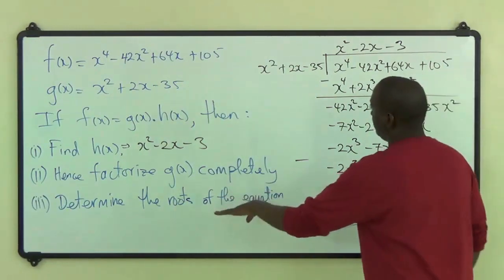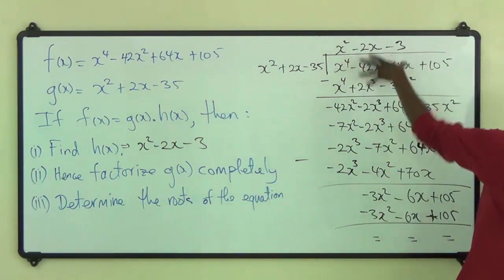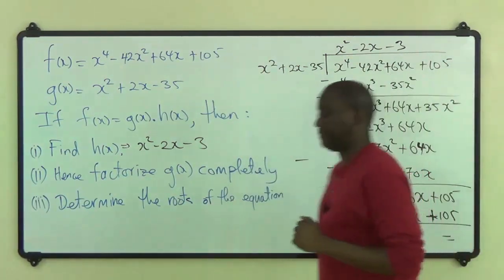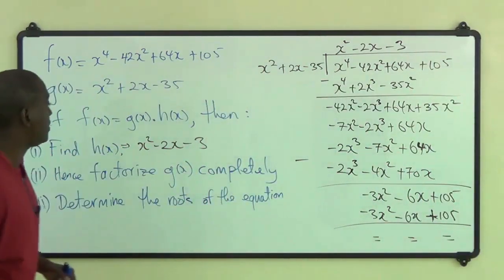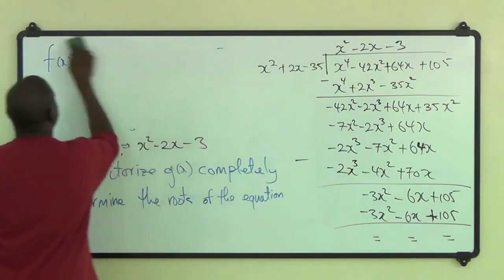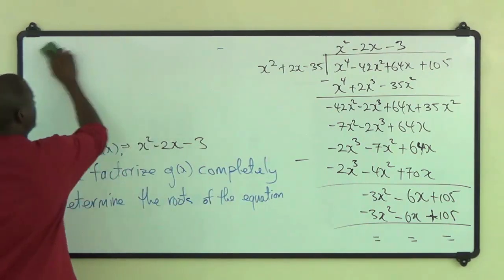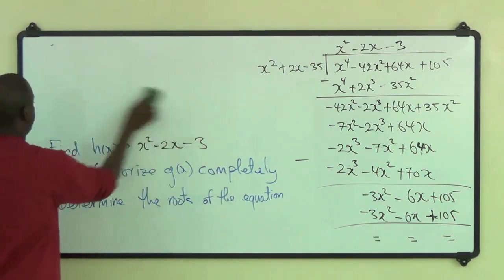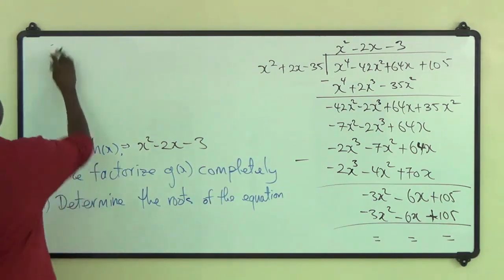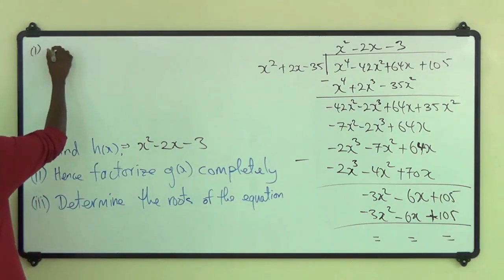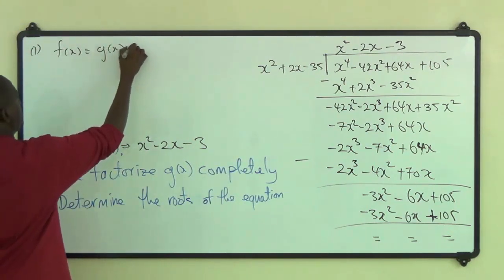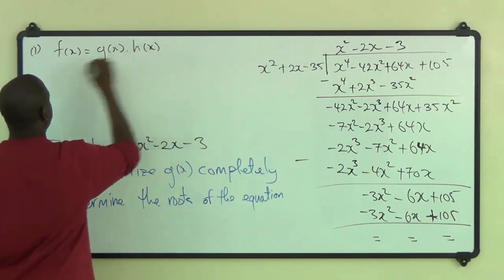This is the operative word, because having gone through this, and I'm going to leave this on the board and rub off this side. Having gone through that, we could then write, and I'm going to write over everything here now. So part 1, the write-up would be that f of x is equal to g of x over h of x.